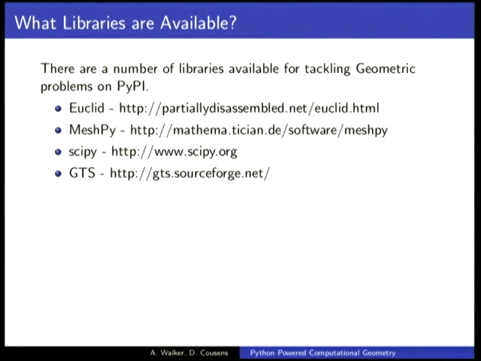It doesn't at the moment, but it does have SciPy Spatial for the last few releases, and we'll demo that in a little while. The last link there is GTS, the GNU Triangulated Surface Library. We're going to ignore those packages for today, and focus on one other library.